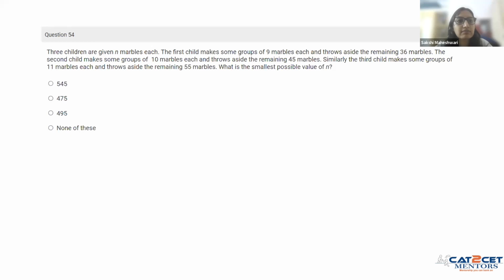Okay, now 3 children are given n marbles each. The first child makes some groups of 9 marbles, so there are n equals 9a plus 36. The second child says 10b plus 45. And the third child does 11c plus 51.